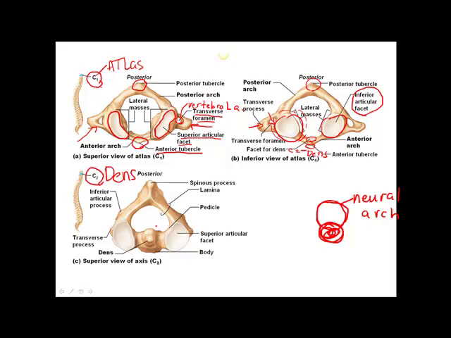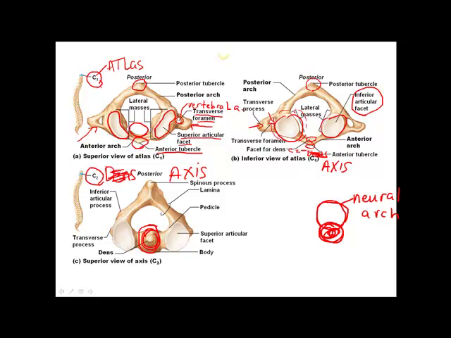The dens has this process right here. This is actually called the dens. I made a mistake. Sorry. Not the dens. It's the axis. Brain fart. Okay, axis. The dens here, this right here is going to live right here.